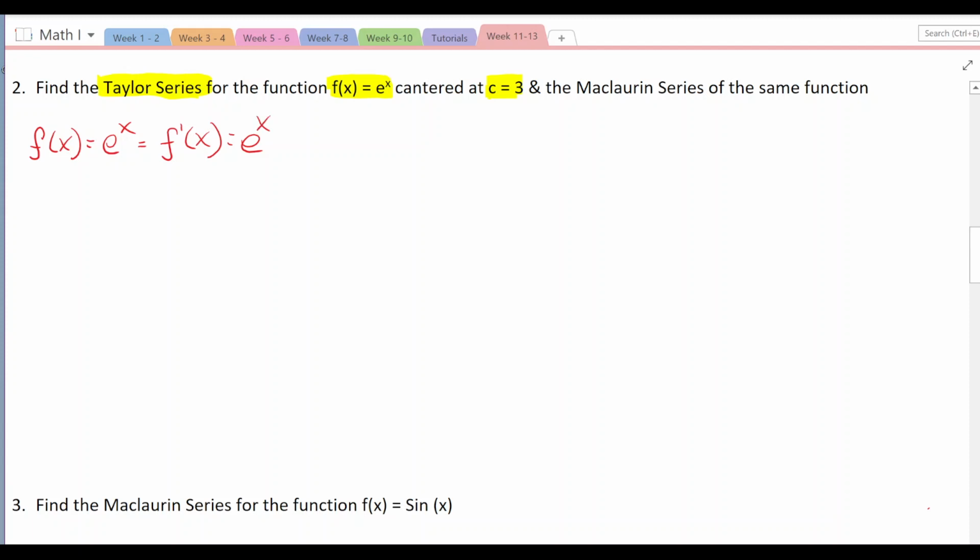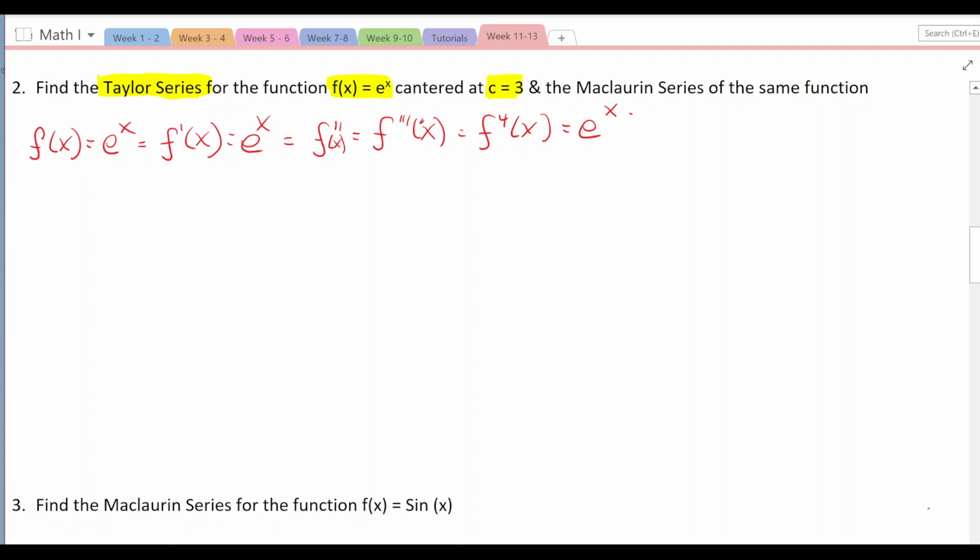It's still e to the x, and the second derivative is also e to the x. If you take the third derivative, this is still the same, and the fourth derivative is still e to the power of x.